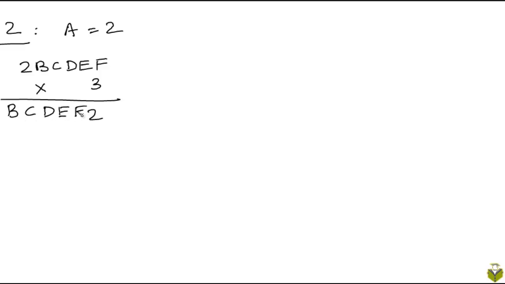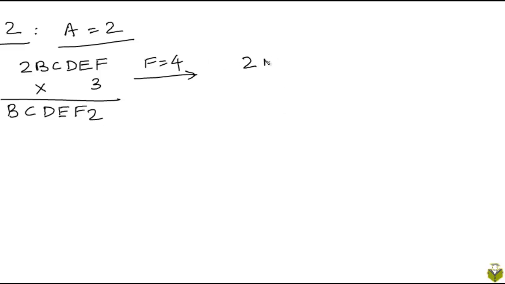Now if A is equal to 2, what should be the value of F so that when 3 is multiplied by F, we get a 2 in the units place? Well, F should be equal to 4, because 3 times 4 is 12, and 12 has a 2 in the units place. So let's put F equal to 4.